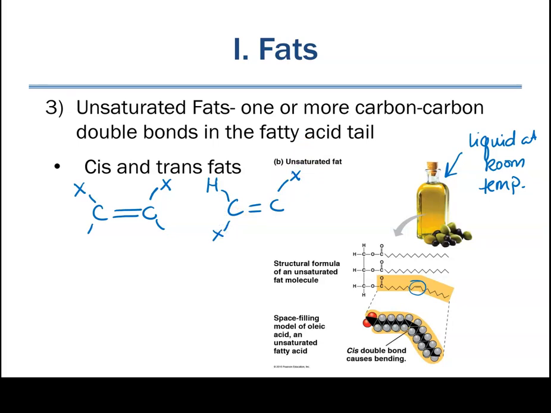This is a really important distinction in our diet. So if you look at this molecule here, we've got a cis double bond. You can see the functional group coming off the double bond gives that molecule a particular shape. We get this little kink.